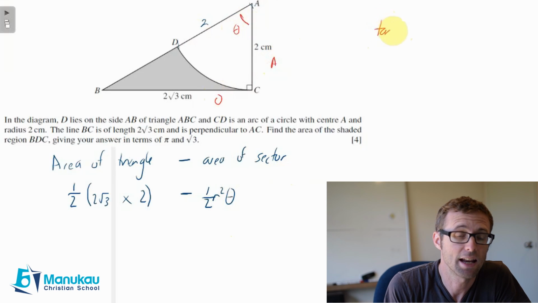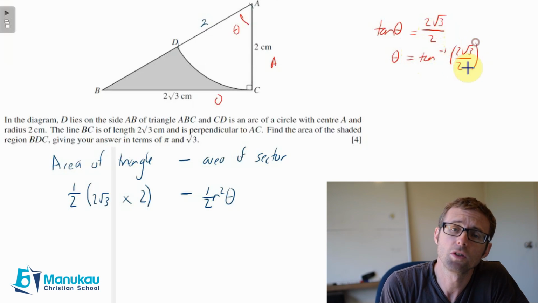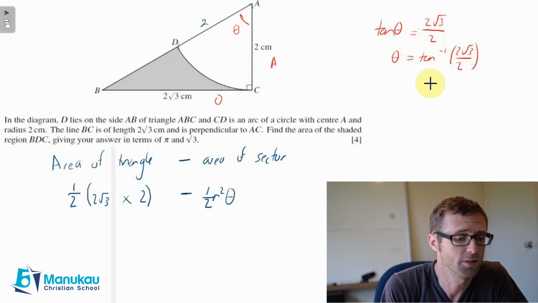I know that tan theta is equal to 2 square root 3 all over 2, and therefore theta is going to be the inverse tan of 2 square root 3 over 2. When you do this, make sure you've got your calculator set to radians. I'm getting for this that theta is equal to pi over 3.